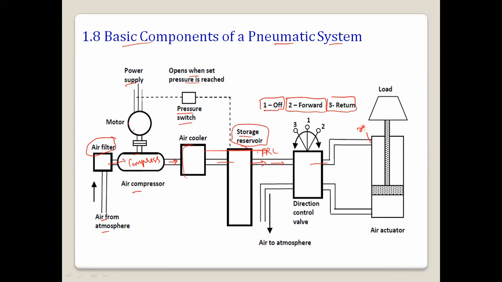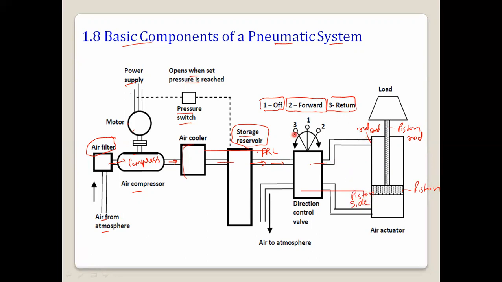Normally we call this the rod end, the rod side, because you can see this is the piston rod. And this is the piston, so that's why we call it the piston side. The piston side we can also call the cap end.